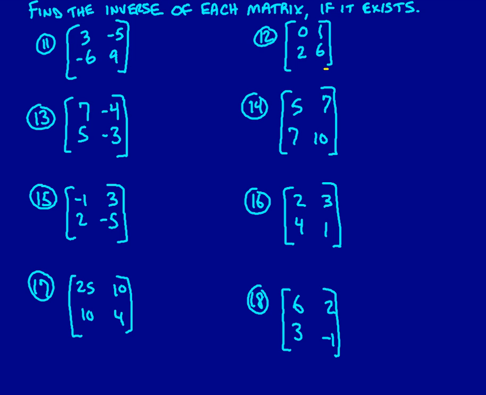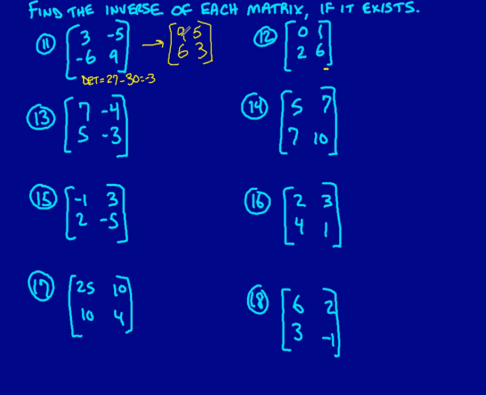All right, moving on to these little ones, we're going to actually have to find the inverse of each matrix. So here's the key. All you have to do first, take the guys on the main diagonal, flip-flop them. Take the guys on the other diagonal, change their signs. And now, from there, we have to find the determinant. So the determinant here is going to be 27 minus 30, which is negative 3.